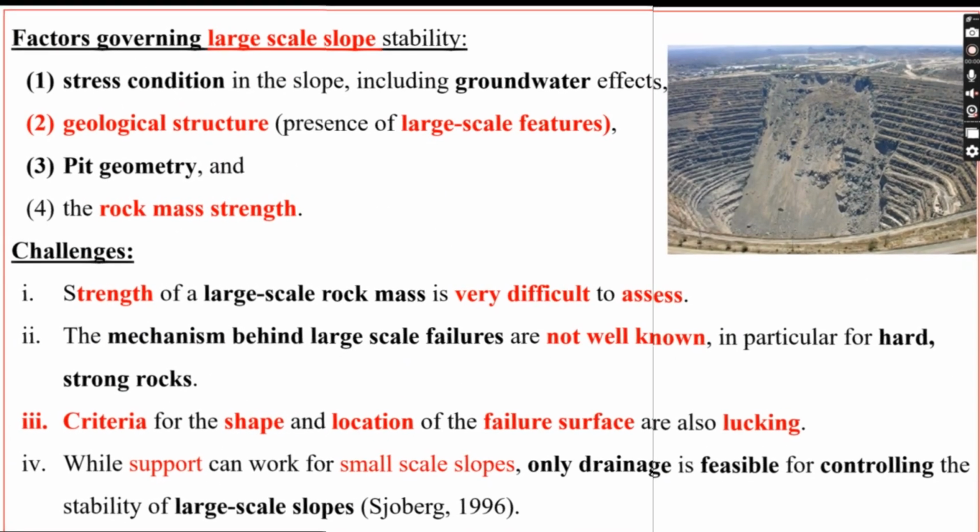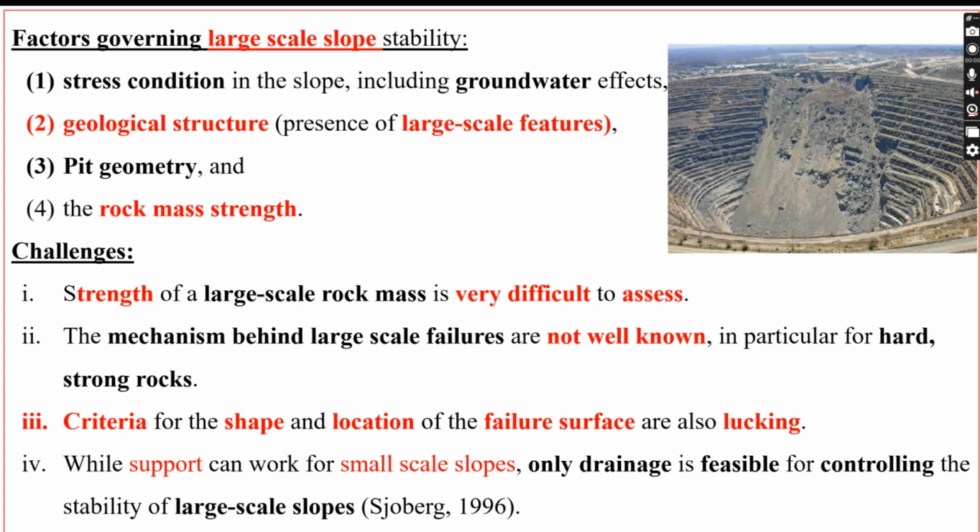Since it is very difficult to determine, large-scale slope stability is also complex. The failure condition is also complex. The other challenge is that the mechanisms behind large-scale failures are not well known, unlike other small failures, in particular for hard and strong rocks.